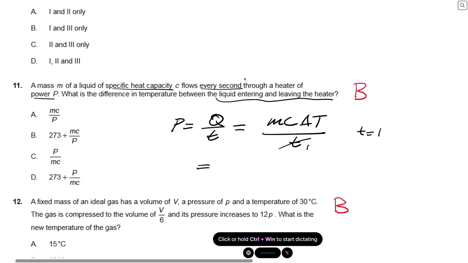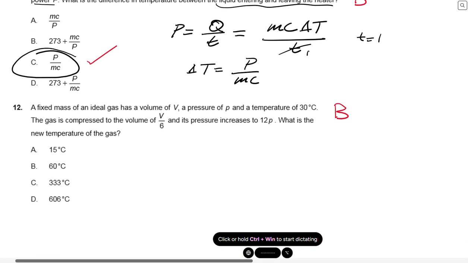So our delta T is equal to P divided by MC, and that should be our answer. Our answer is C.